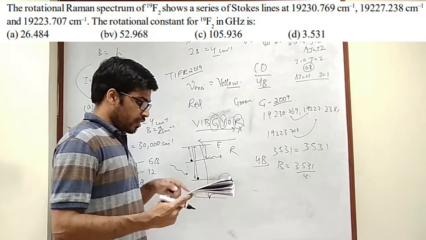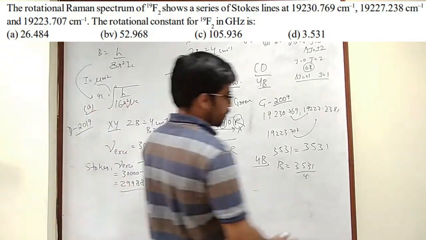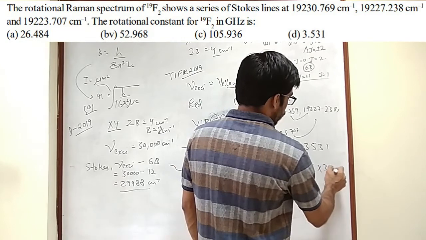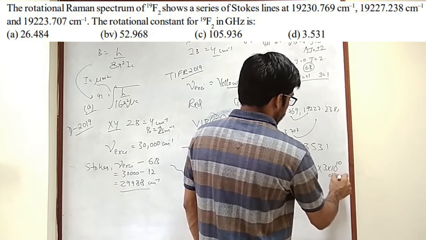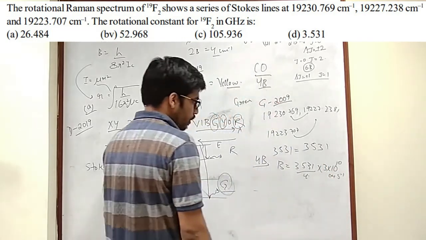But mind it, the options are given in hertz. So you have to multiply this by 3 into 10 power 10 centimeter per second.